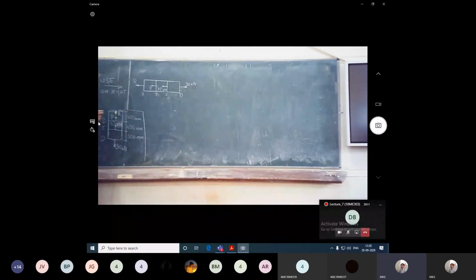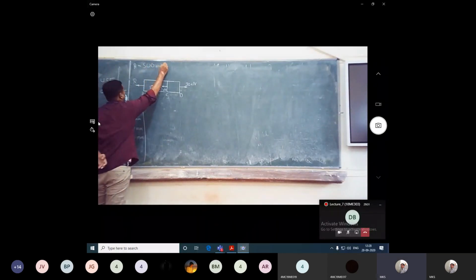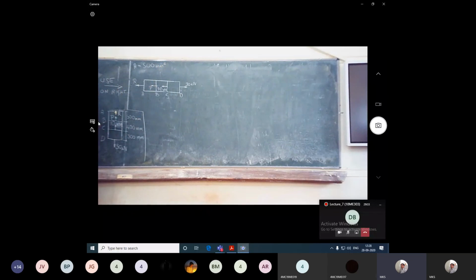So what else is given in the problem? You read. There is a steel bar. Area of cross section is given. How much? The area of cross section of the bar is constant. A is how much? 500 mm square. It is loaded as shown, and modulus is given.